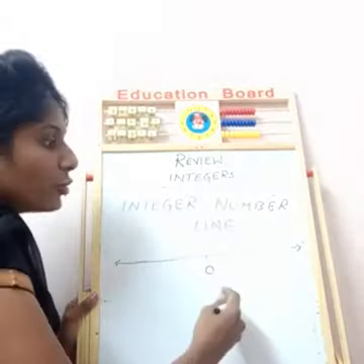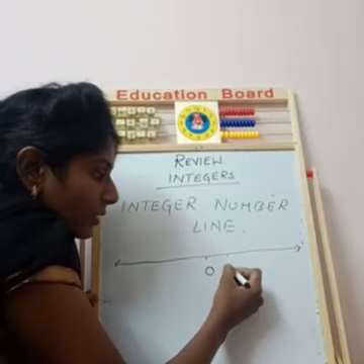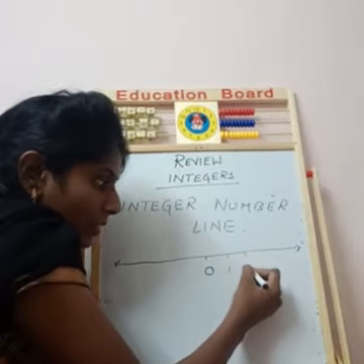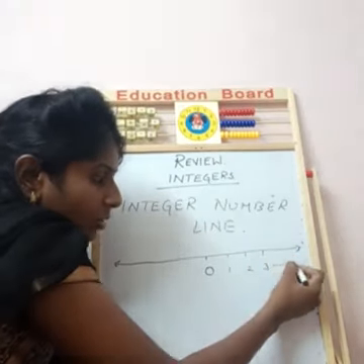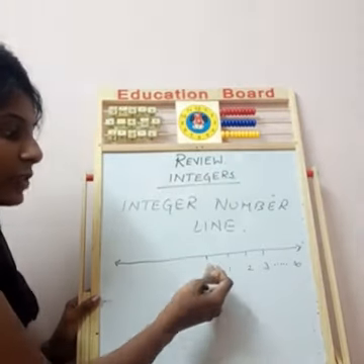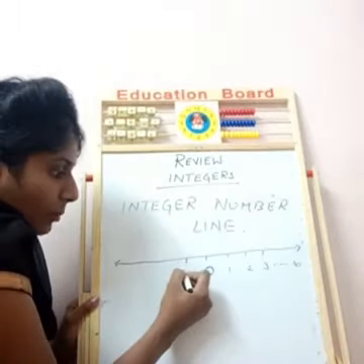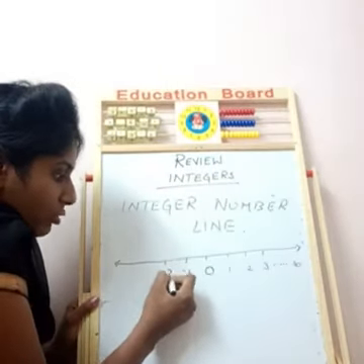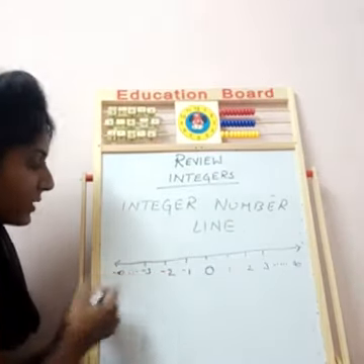All the values on the right side are positive: plus 1, plus 2, plus 3 and so on up to infinity. All the numbers on the left side of 0 are negative: minus 1, minus 2, minus 3 and so on up to minus infinity.